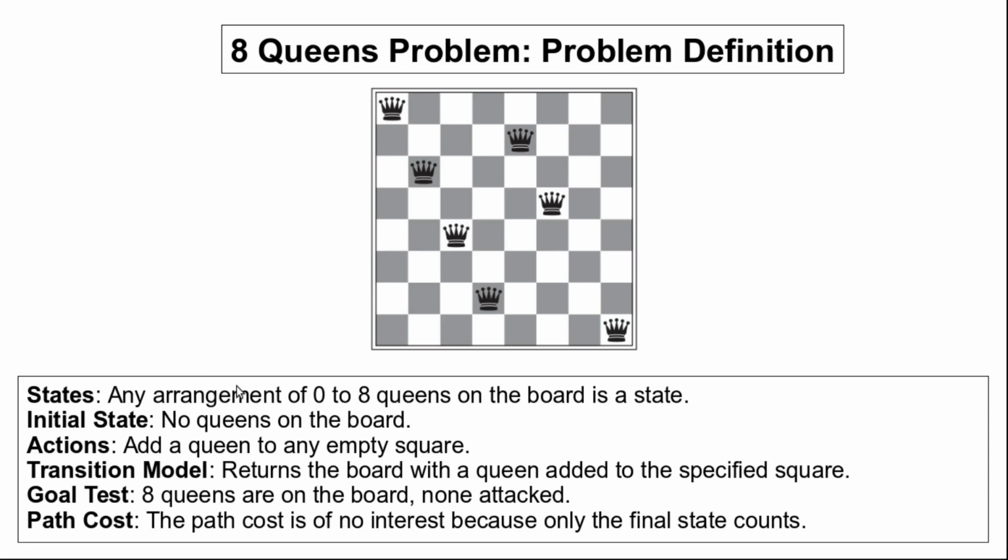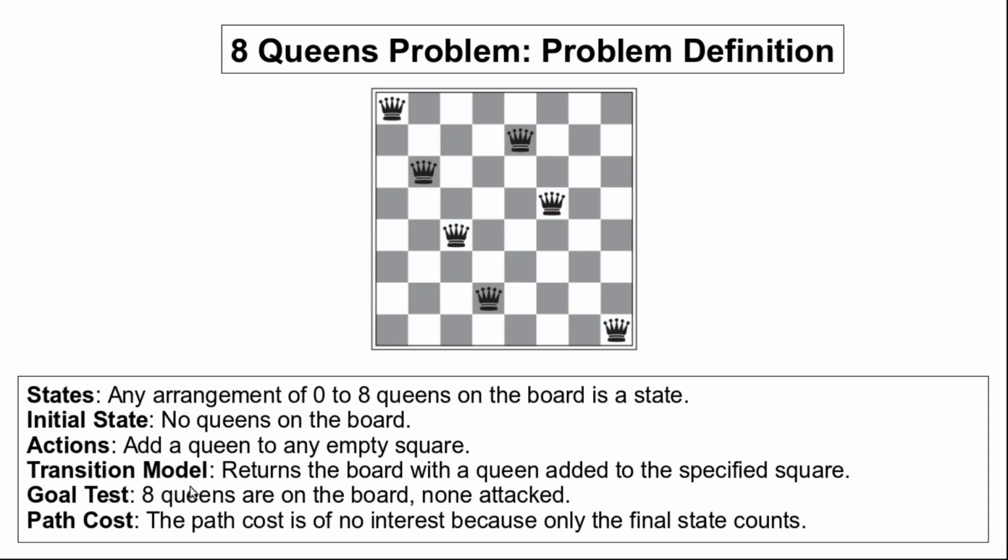The states: any arrangement of 0 to 8 queens on the board is a state. Initial state: there are 0 queens on the board. Actions: we add a queen to an empty square. Transition model: return the board with a queen added to the specified square.